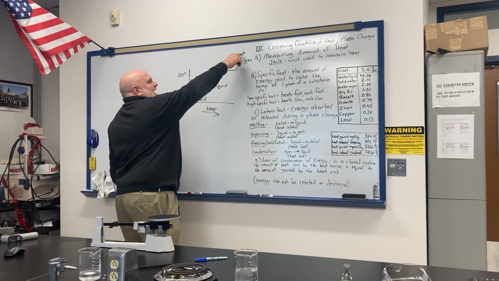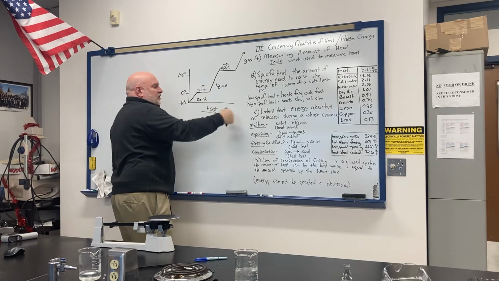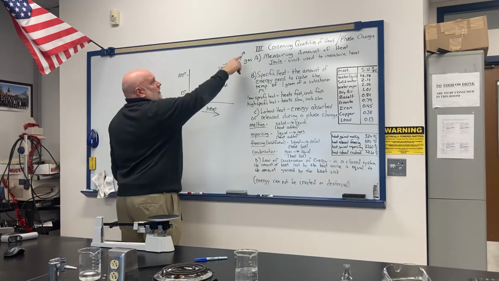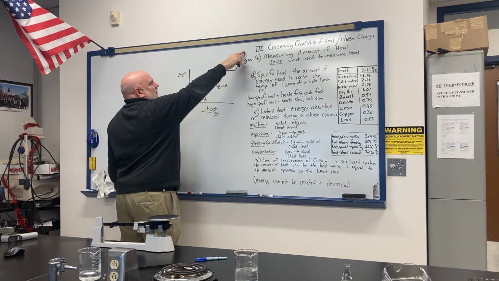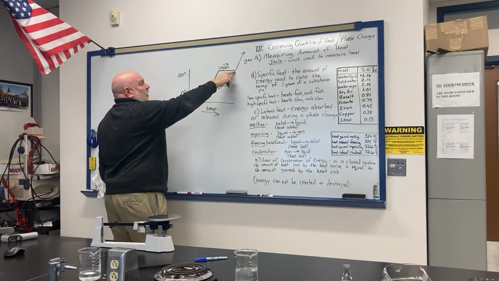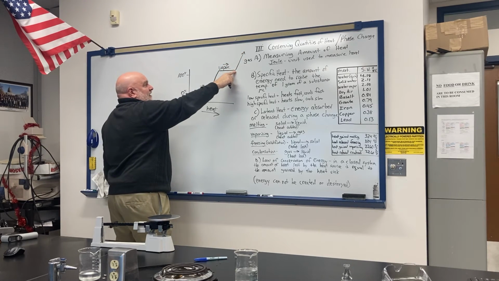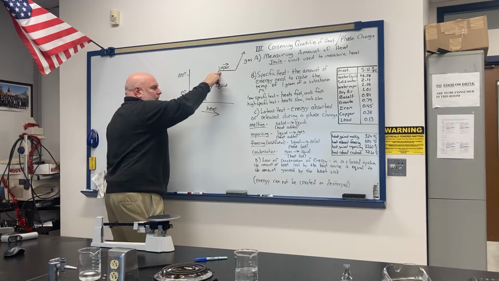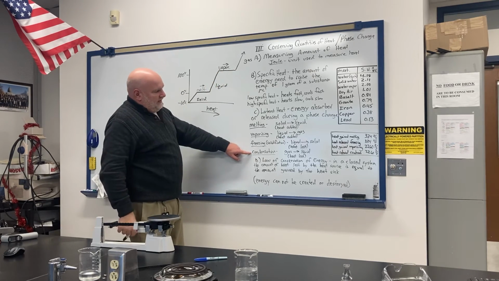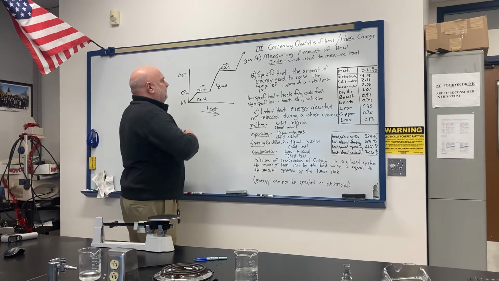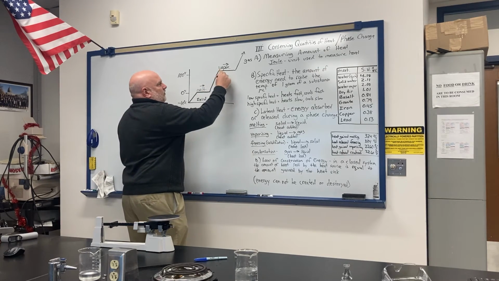Well, first thing that's going to happen, and so instead of adding energy, I'm taking energy away. So what's first going to happen is the temperature of that balloon of water vapor is going to go down, down, down, down, down to 100. And then it's going to stay at 100 for a while, it's undergoing condensation. Because during condensation, I'm going from a gas to a liquid. So right there, I'm going through condensation.